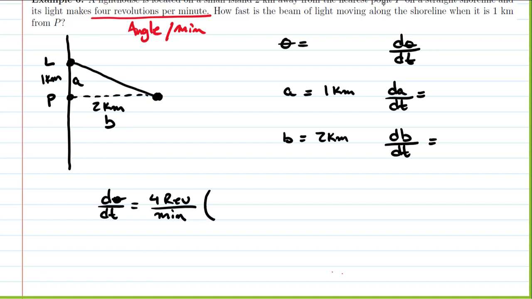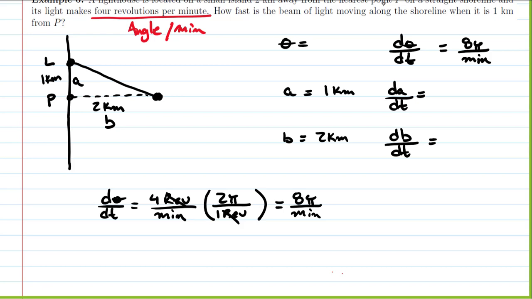So 2 pi radians over 1 revolution. Our revolutions are going to reduce out, and that is 8 pi radians per minute. So our rate for d theta dt is 8 pi over minutes.